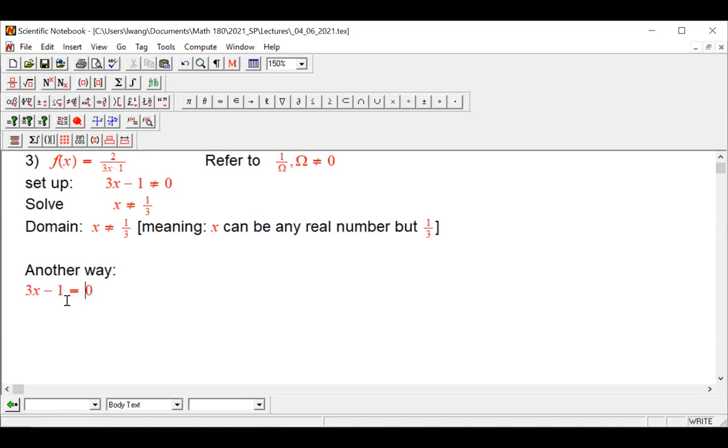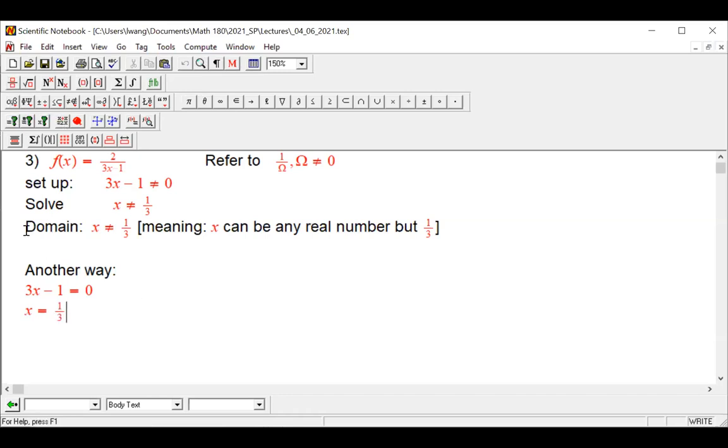I believe this method was commonly taught by some teachers. It's really okay. What it says is that they try to identify the numbers to be excluded. Do you follow me? So if you show your work this way, it's okay.